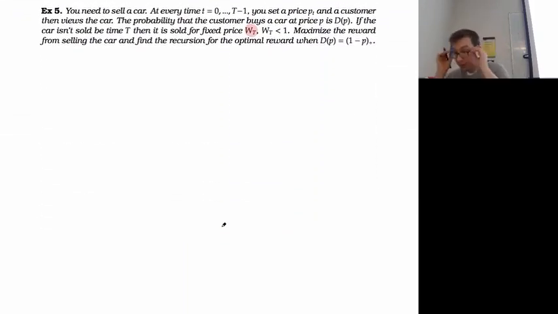Right, so let's have a crack at this question. We're going to let x of t be the state of the system, and the state is whether I've sold the car or not.